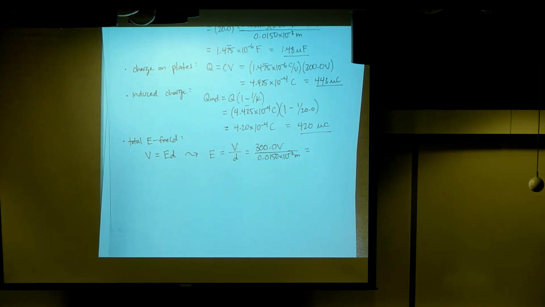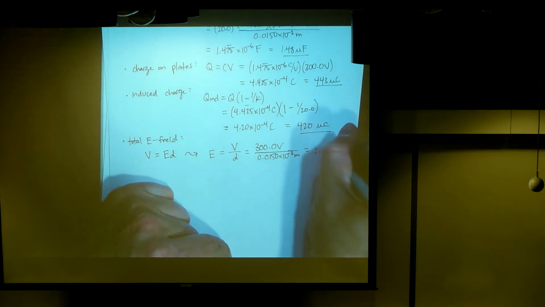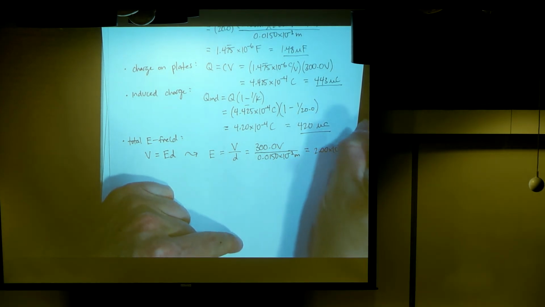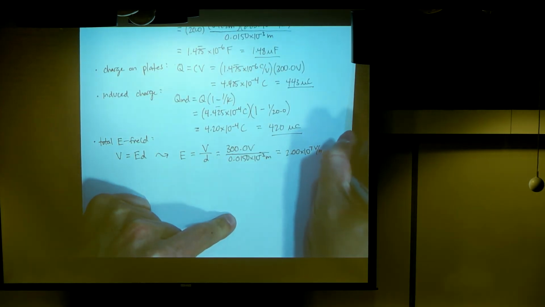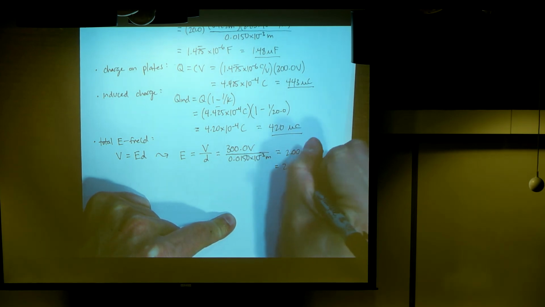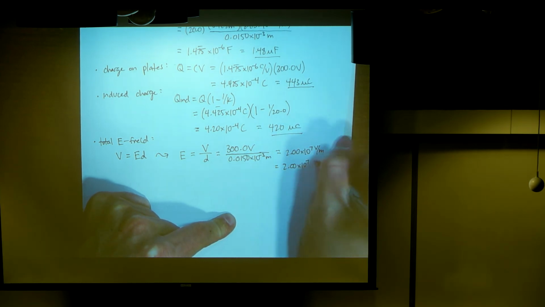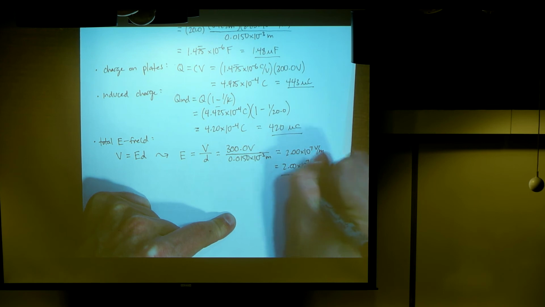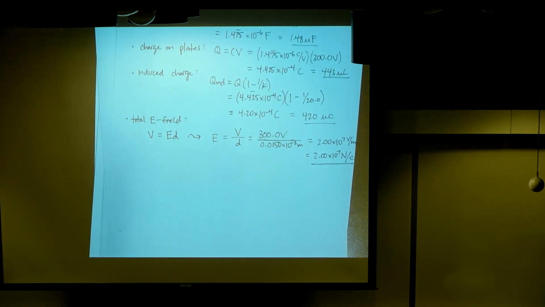Can someone tell me what that works out to? Times 10 to the 7. Yeah, so 2 times 10 to the 7 volts per meter. We could also express that as 2 times 10 to the 7 newtons per coulomb. That is the total E field in between the plates.